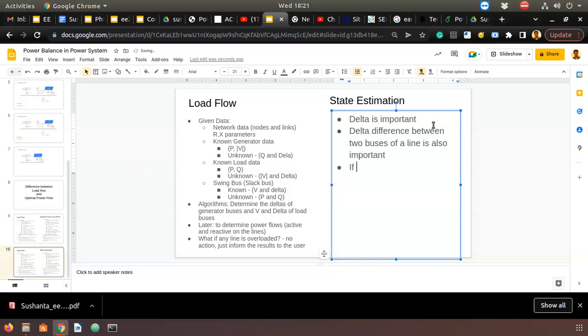So if the delta difference is greater than 30 degrees, then alert state. Till it is increasing, emergency state, whatever.